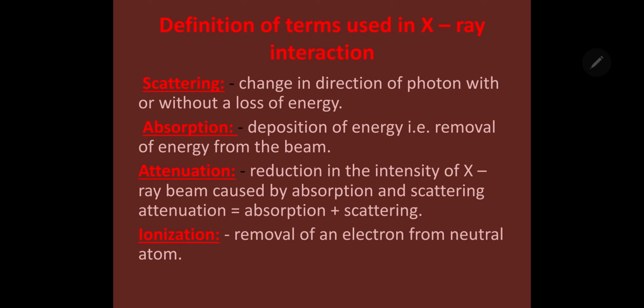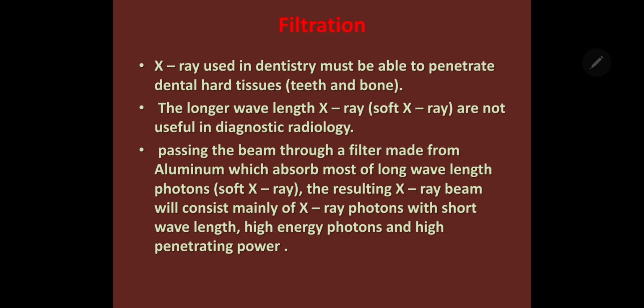Attenuation, reduction in the intensity of the X-ray beam caused by absorption and scattering. Attenuation is the result of absorption and scattering. Ionization, removal of an electron from a neutral atom.